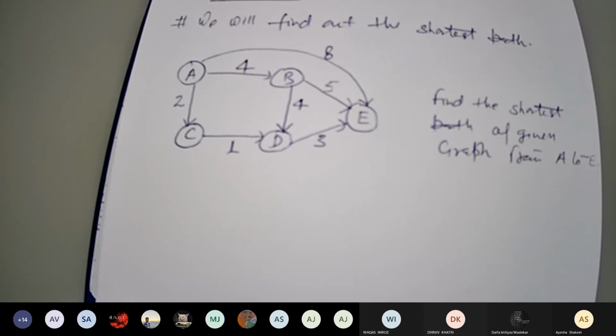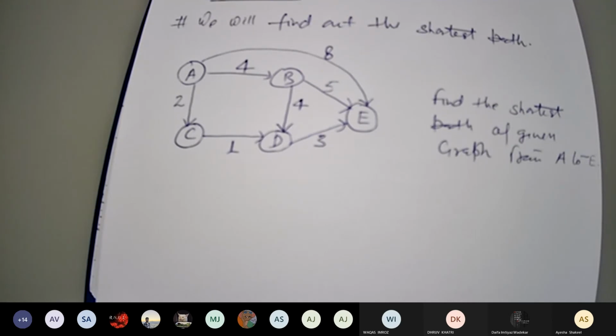Now, I will just write the algorithm of Dijkstra, and then we will solve one numerical with this.